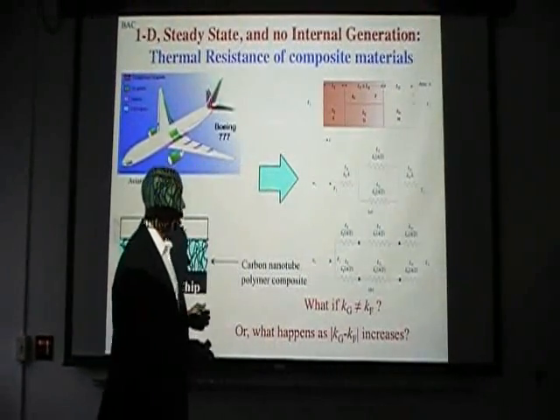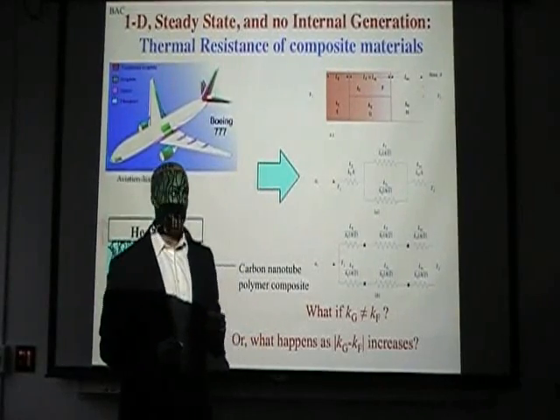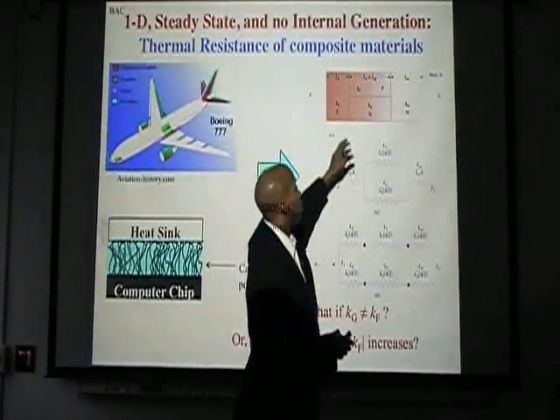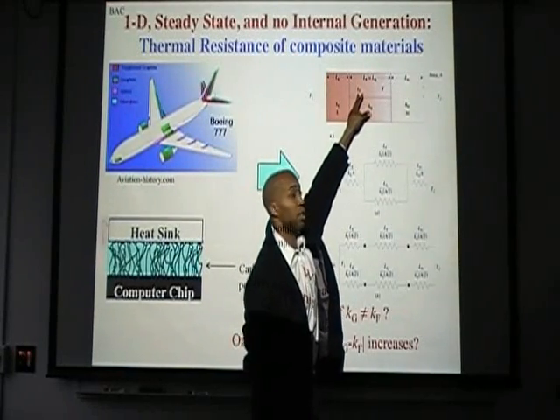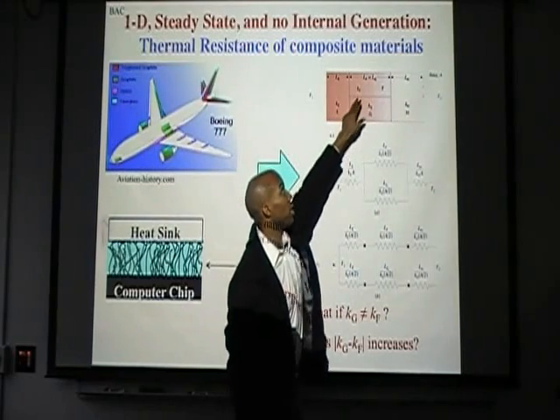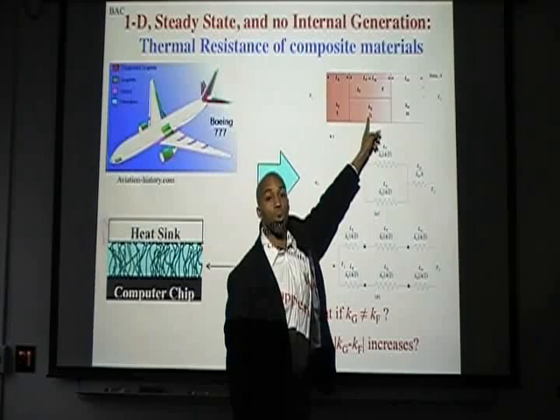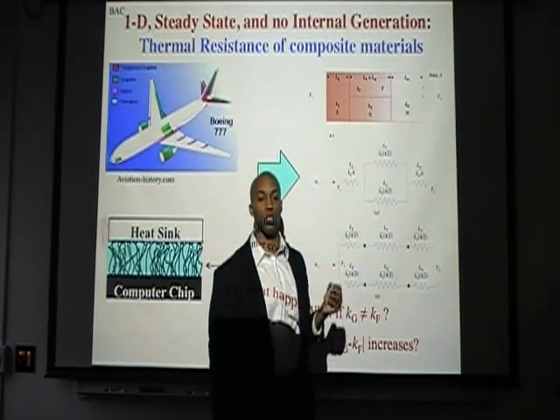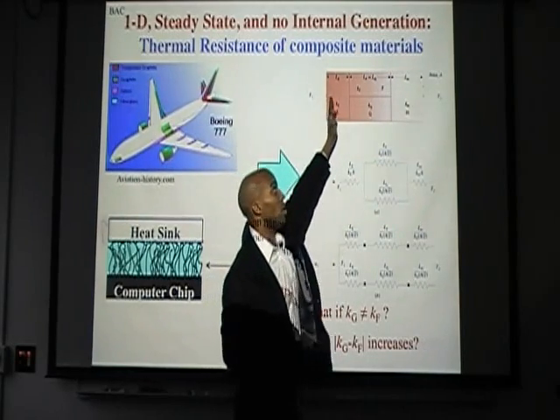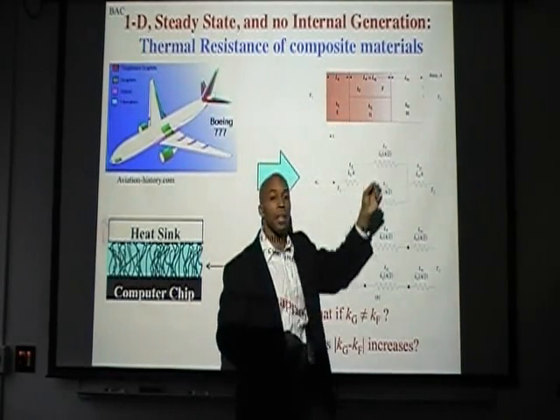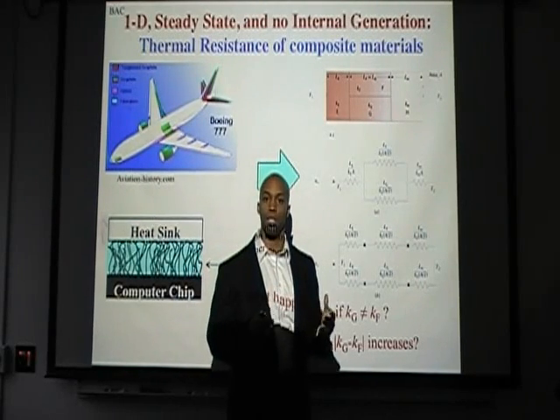So what happens in this case? Well, if you have a high thermal conductivity material here and a low thermal conductivity material here, that means you're going to have a high thermal resistance here and a low thermal resistance here. If you think about circuits and the path of least resistance, when heat tries to pass from here to here, it's going to follow the path of least resistance, like all of us, humans and natural systems.